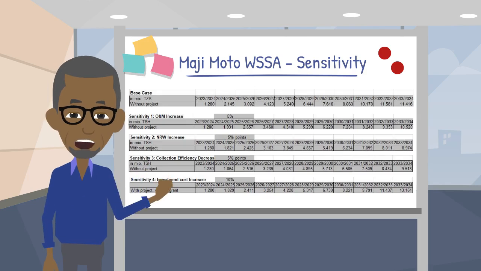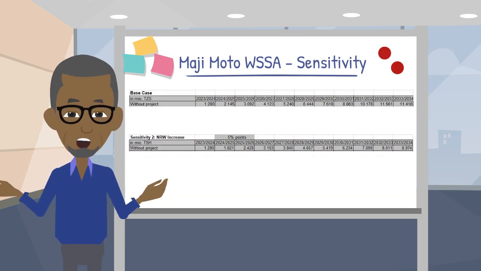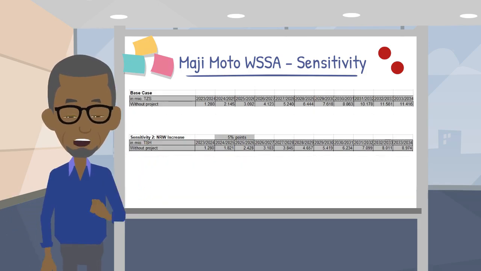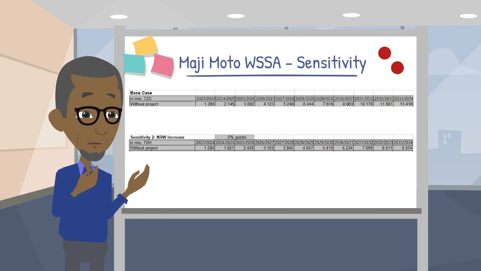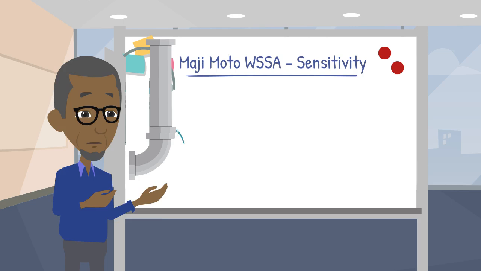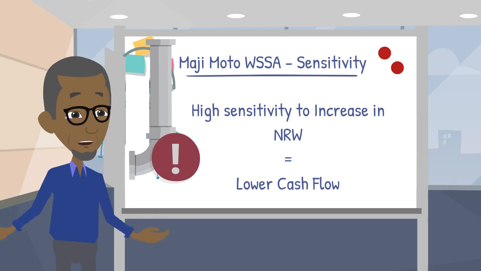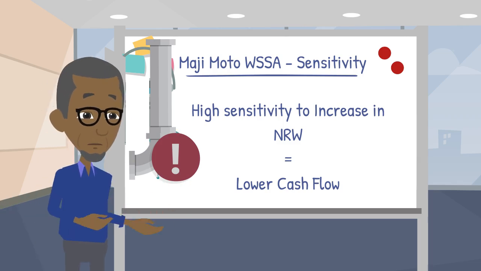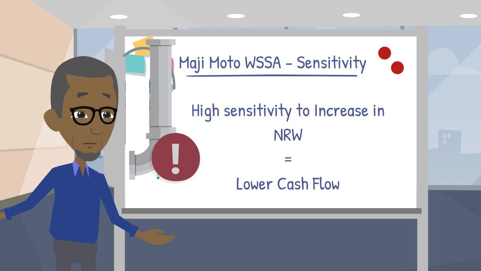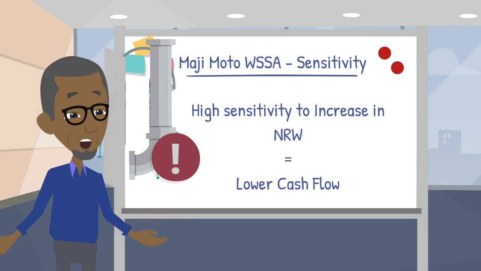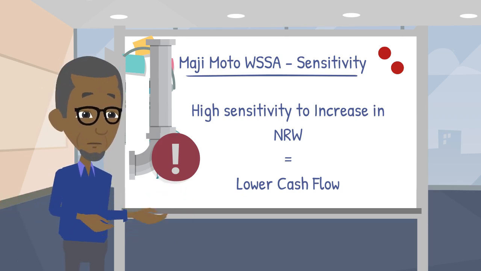But it decreases much more in the case of increased NRW. This means that Majimoto is more sensitive to an increase in NRW. Hence, Majimoto needs to control its NRW and make sure that it does not increase. This is a sensitive factor to look out for when a utility aims to improve its cash flow.